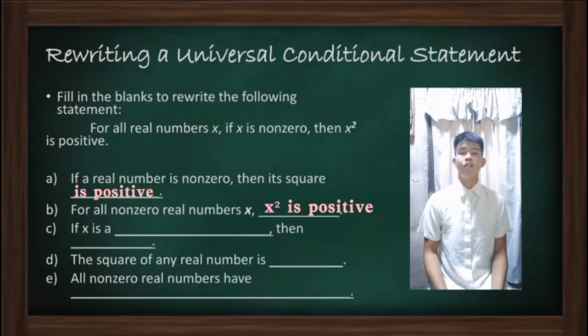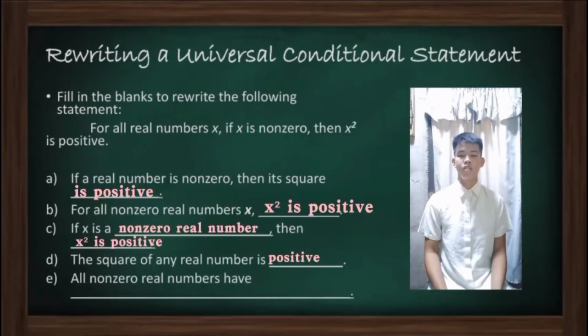Letter C. If x is a non-zero real number, then x squared is positive. Letter D. The square of any non-zero real number is positive. Letter E. All non-zero real numbers have positive squares, or squares that are positive.